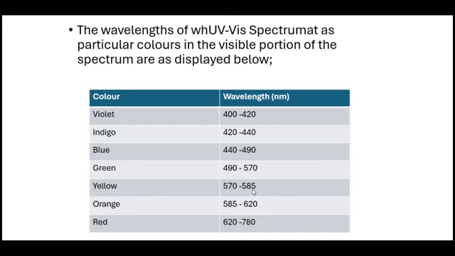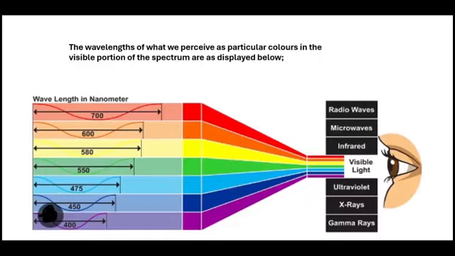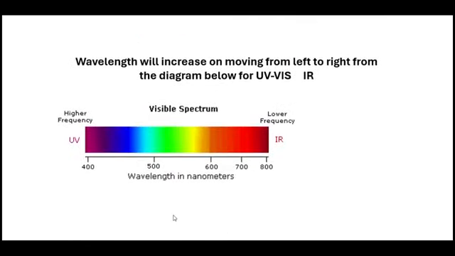Violet has a wavelength of 400 to 420, indigo 420 to 440, blue 440 to 490, green around 490 to 570, yellow around 570 to 585, orange around 585 to 620, and red around 620 to 780. The wavelengths of what we perceive as a particular color in this visible portion of the spectrum are displayed below.